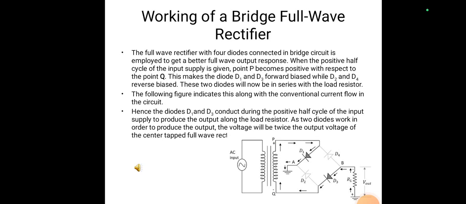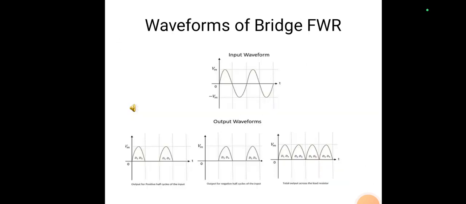That's why there is an output for the positive half cycle of the AC input. You will get the output across the load resistor for the positive half cycle. These are the waveforms.